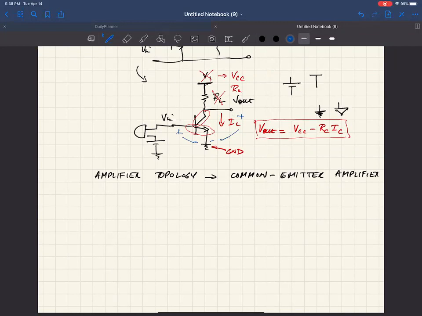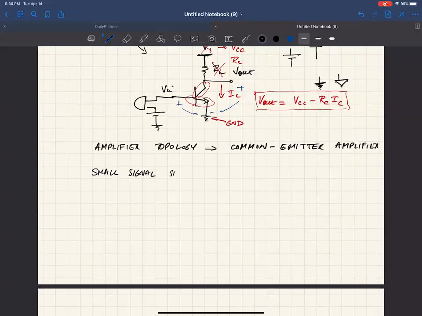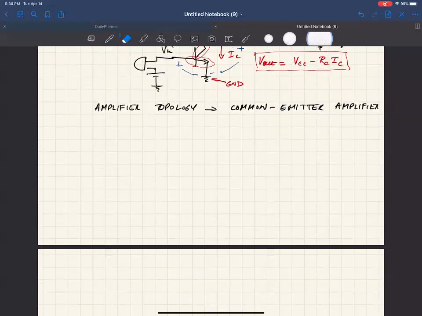Okay, let's see. And then if we just do the small signal model of this thing, it is our old familiar small signal model. So let's say we want to do a small signal gain calculation.